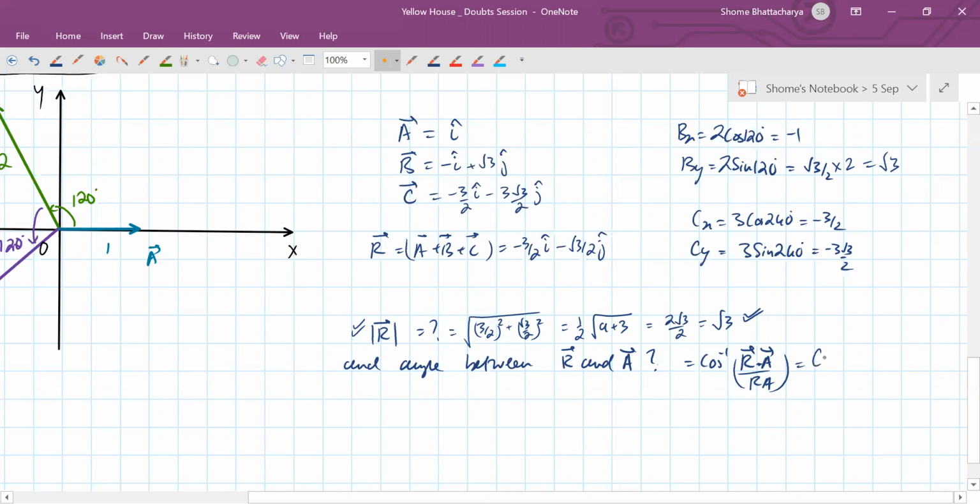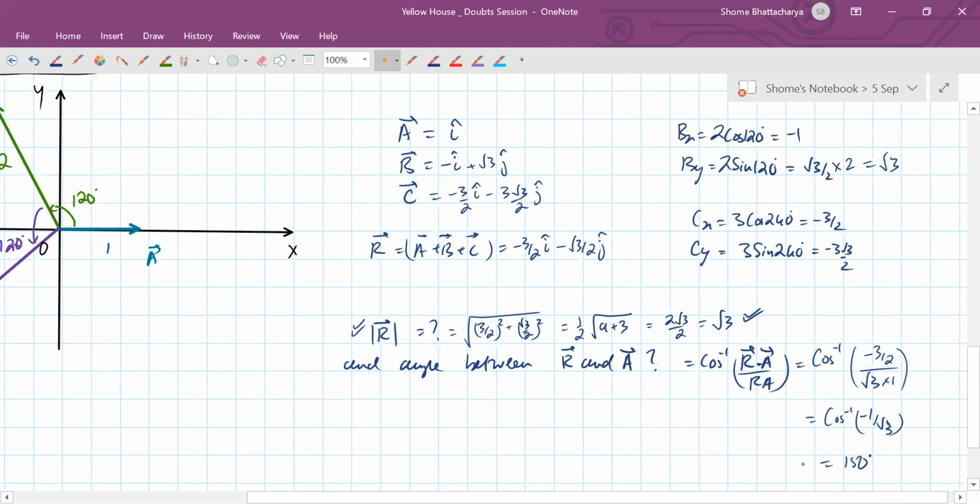And this thing here becomes cos inverse of this vector, dot product with this vector, so that is minus 3 by 2 divided by mod of r, which we have just seen is root 3, okay, into mod of a, which is of course 1. So that's cos inverse of minus 1 by root 3. Okay, so properly trigonometrically speaking, this is 150 degrees.